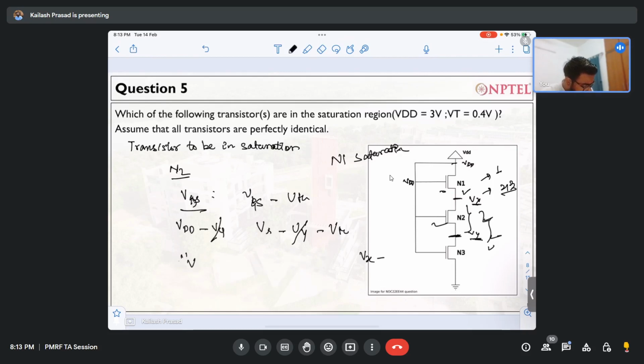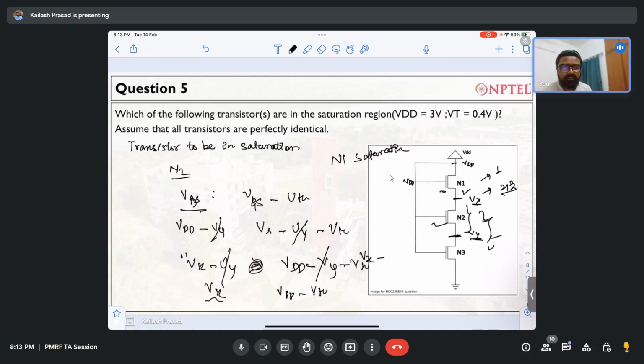VDS is Vx minus Vy, and there it is VDD minus Vy minus VTH. Yeah, that was what I was saying, how it can happen. Now Vx, and here it is VDD minus VTH. What is the chance that Vx is greater than VDD minus VTH, right? So Vx should be at least VDD minus VTH to make sure that this transistor is on, because that's what we have understood.